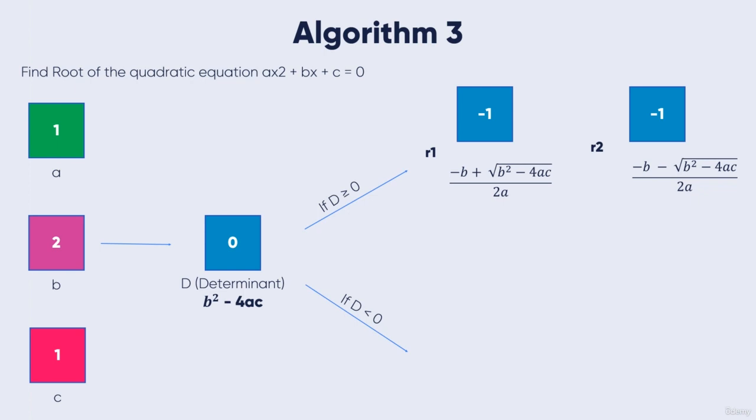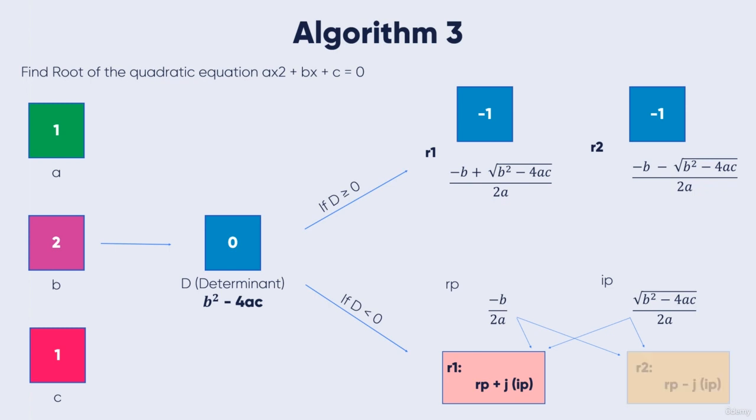If d is greater than 0, then we have two distinct roots. Now, if d is less than 0, there is a real part, which is calculated by minus b over 2a, and an imaginary part, radical b squared minus 4ac over 2a. Okay, so we now need to calculate the roots by putting r1 as the real part plus j times the imaginary part, and r2 as the real part minus j times the imaginary part.